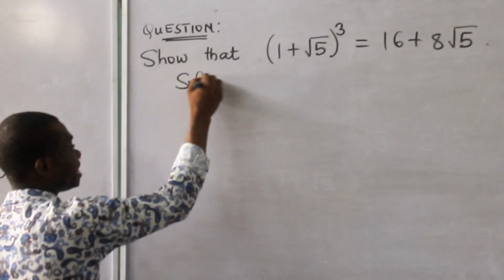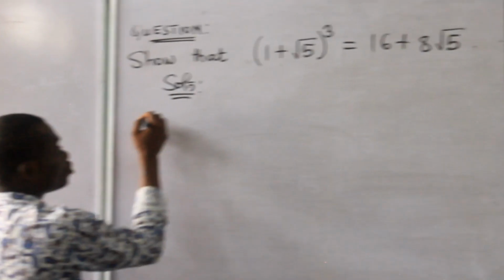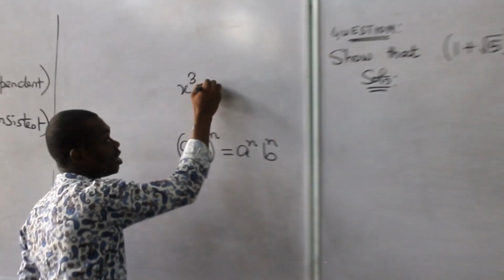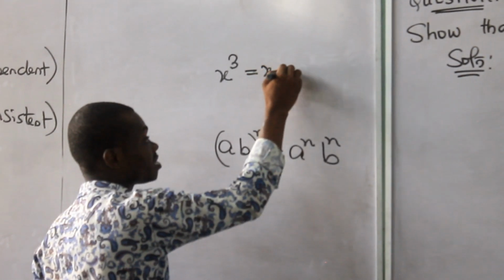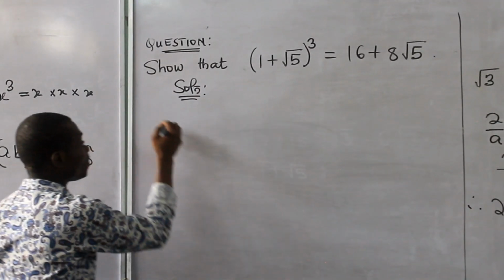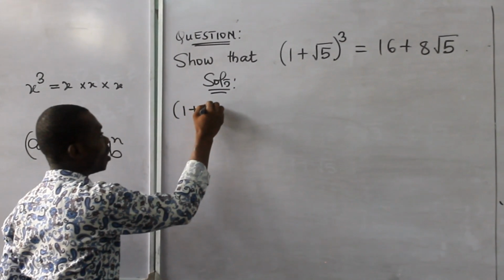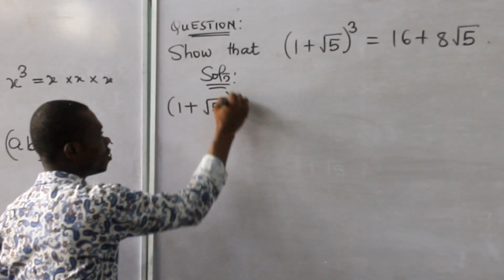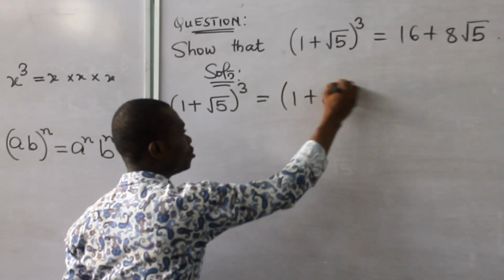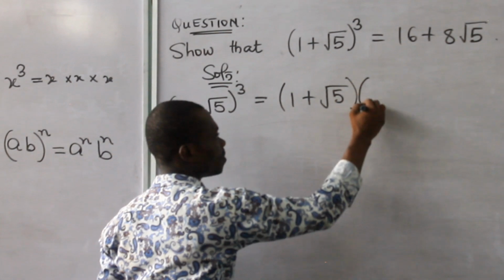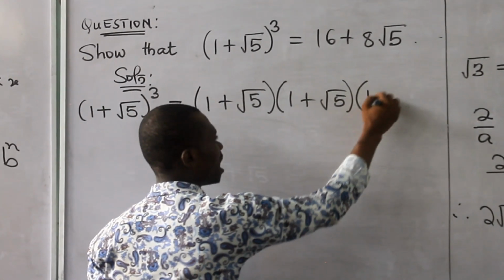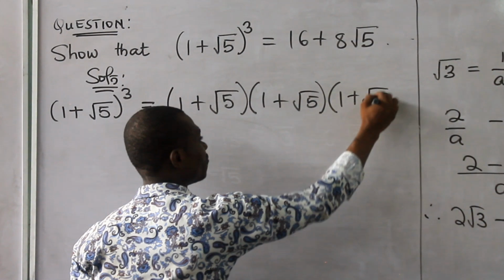So to show that that is true, all you need to do is to recall that if I have x to the power of 3, it simply means x times x times x. So (1 plus root 5) to the power of 3 simply means (1 plus the root of 5) multiplied by (1 plus the root of 5) multiplied by (1 plus the root of 5).